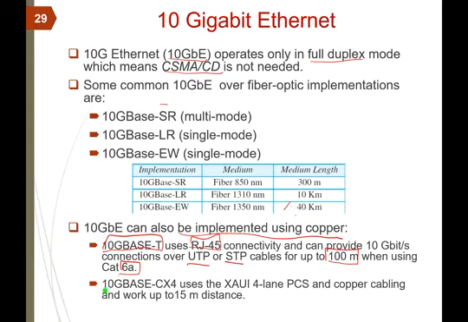And there is another one which is in use, but it's not very common again because of the bulkiness of the cables and connectors. It uses copper cabling and works up to a 15-meter distance. You can see how this is a promising standard which will dominate in the coming years.